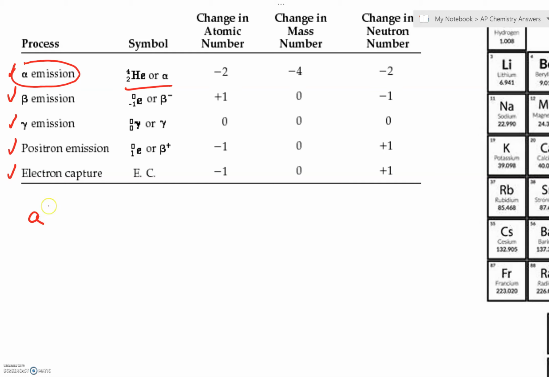And our alpha emission, I'm not really good at writing Greek letters, is simply a helium nucleus. And they even write it like that. A helium nucleus, where helium has an atomic mass of 4 and 2 protons.